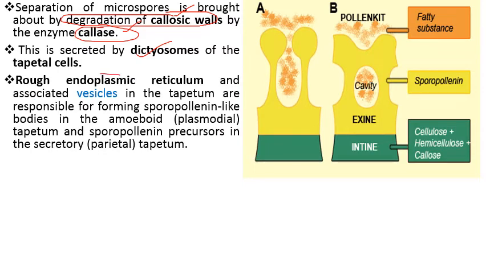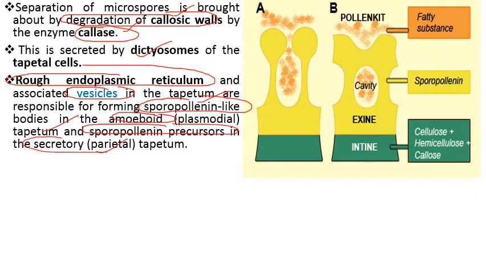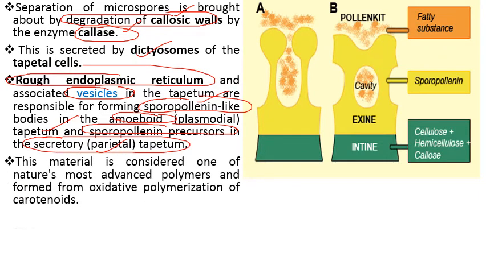Then rough endoplasmic reticulum along with its associated vesicles in the tapetum are responsible for forming sporopollenin-like bodies in case of amoeboid tapetum, that is plasmodial tapetum, and sporopollenin precursor is formed in the secretory, that is also known as parietal tapetum. So दो तरह की चीज़ें बनती हैं. One is sporopollenin-like bodies which are formed by amoeboid or plasmodial tapetum, while sporopollenin precursors are formed by the secretory or parietal tapetum.